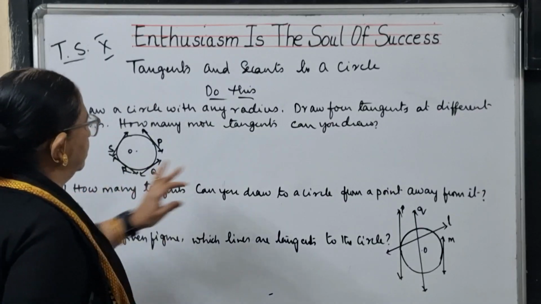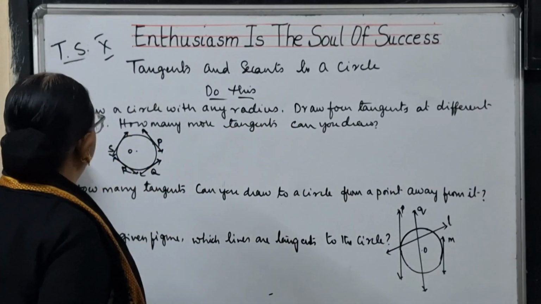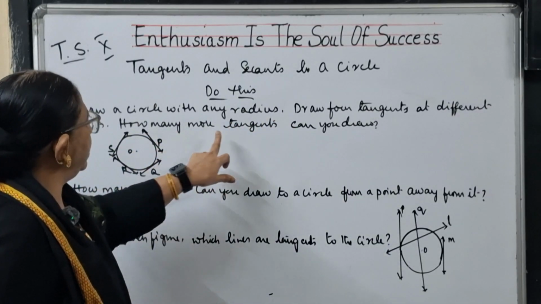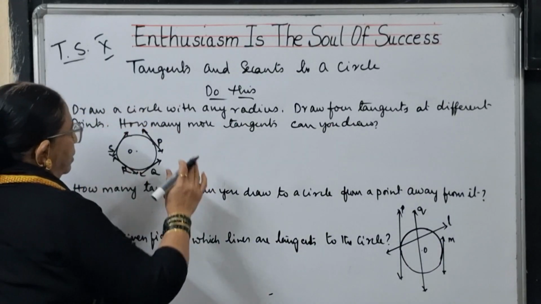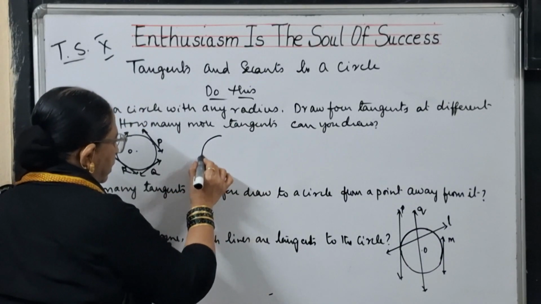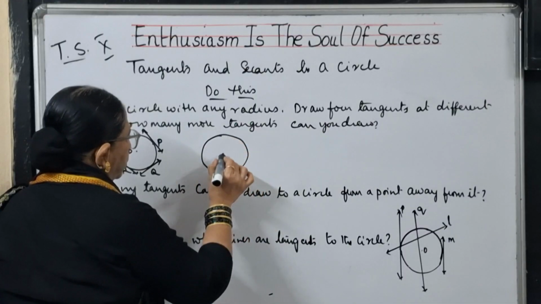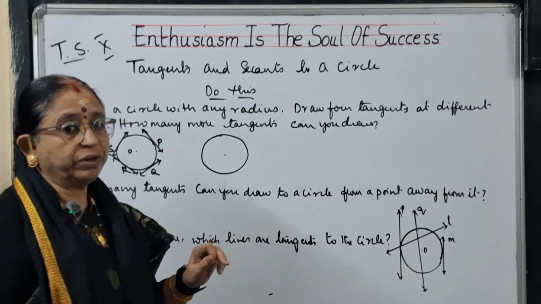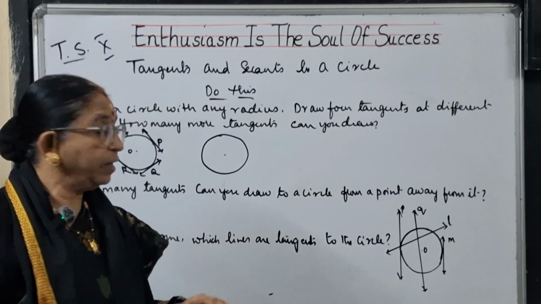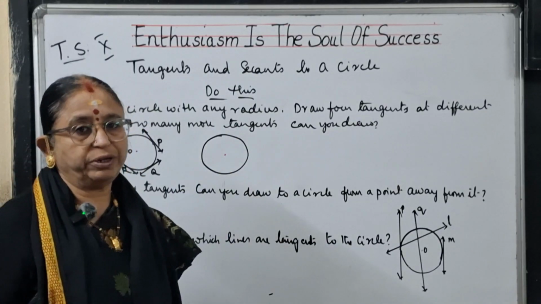Now the question is, how many more tangents can you draw? See children, how do you define a circle? A circle is a closed figure which is formed by an infinite number of points.